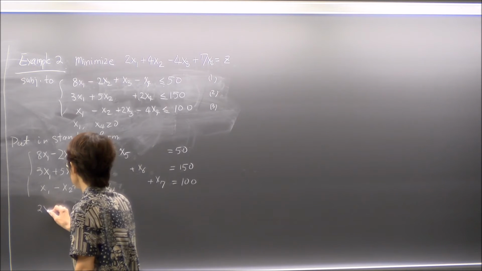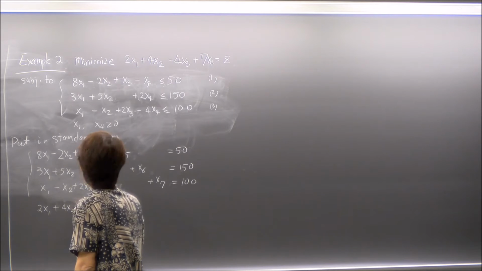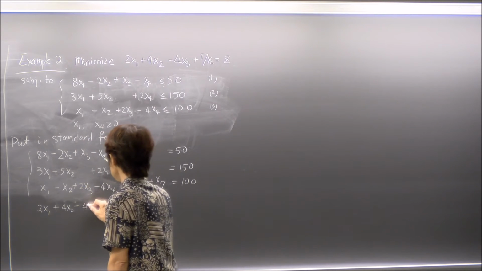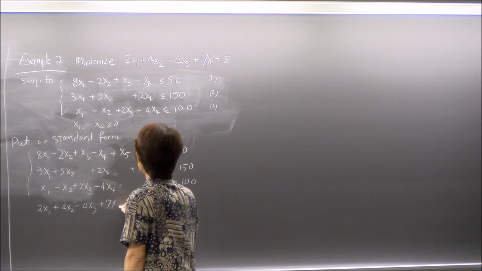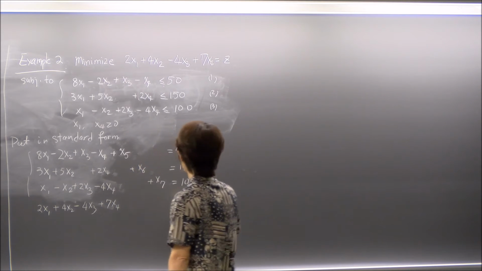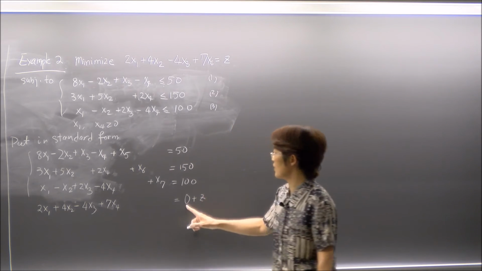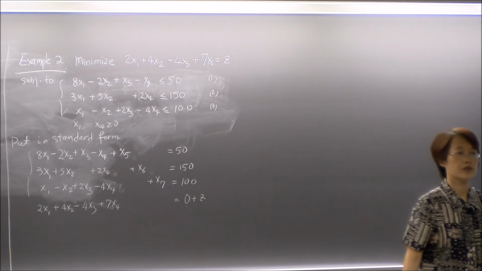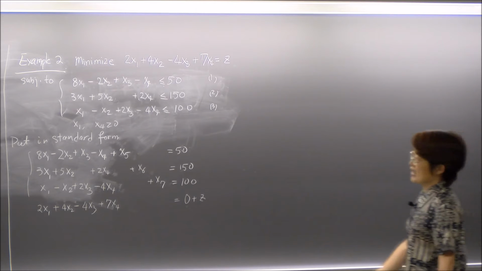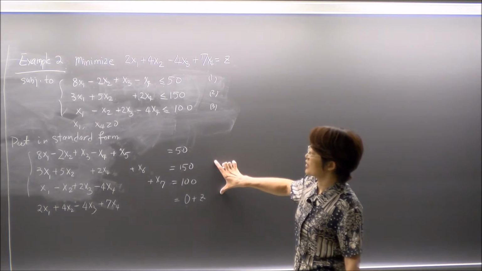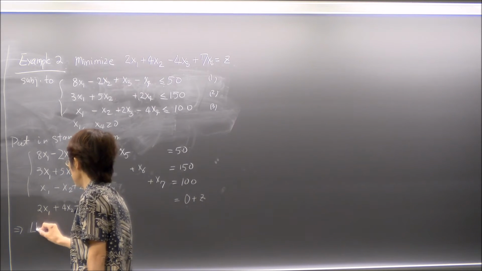So 2x1 plus 4x2 minus 4x3 plus 7x4 equals 2. Let me put 0 plus z, because the 0 will enter the Tableau. Is it okay? And then, same as the previous example, we notice that this is already in canonical form. So make that observation.